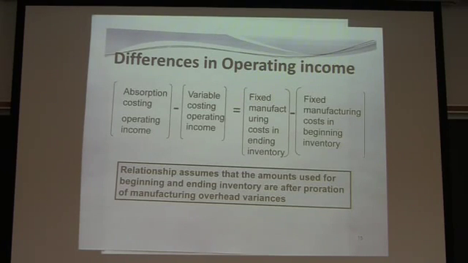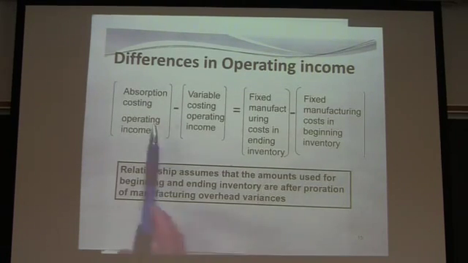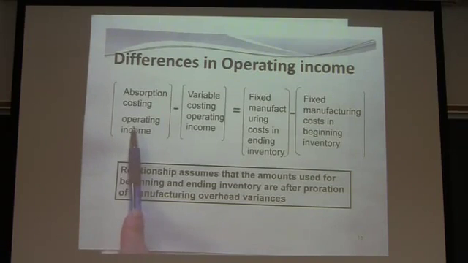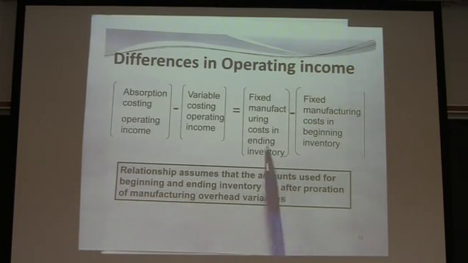So if management knows that they're close to their budget target of operating income and they're just slightly below, what do they do? They end up overproducing, so that absorption income is going to be higher. By increasing the ending inventory, you're going to capitalize much of that fixed cost to ending inventory so that it's going to make the profit higher than variable costing.